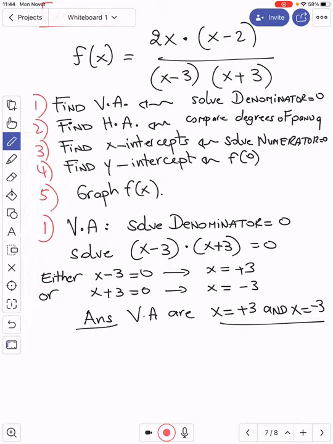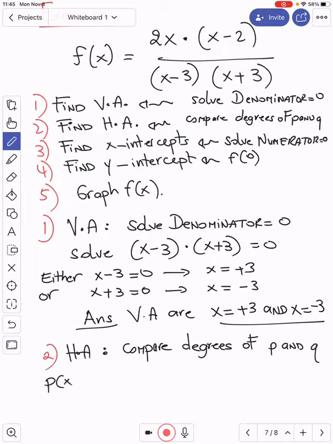For the horizontal asymptote, we need to compare the degrees of p and q. P is 2x times x minus 2. We need to distribute, guys, to find the degree of p.